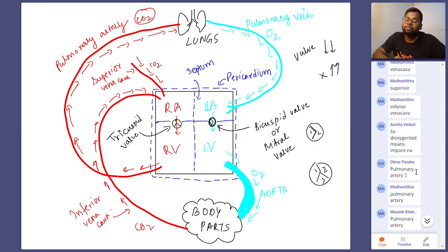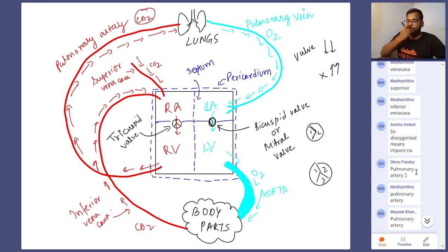That carbon dioxide will make the blood impure, deoxygenated. So remember, my champions, that deoxygenated blood will be carried by the vena cava and come to the right atrium. From the right atrium, it will go to the right ventricle via the tricuspid valve. Now from the right ventricle, it will go to the lungs for oxygenation, so that CO2 will be converted into O2. It will go to the lungs via the pulmonary artery.